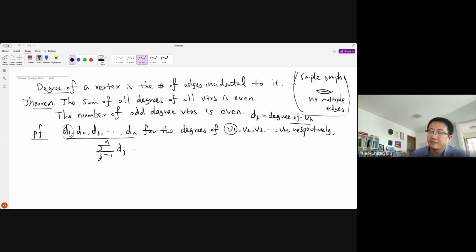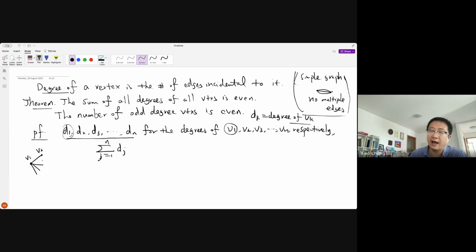So in fact, if you sum all the degrees, you note that each edge has exactly 2 vertices. If you think of this, you make the sum of all the degrees for all the vertices. For example, when you are considering V1, you are looking at these 4 edges. And at some point, when you are considering V2, you look at this edge again.